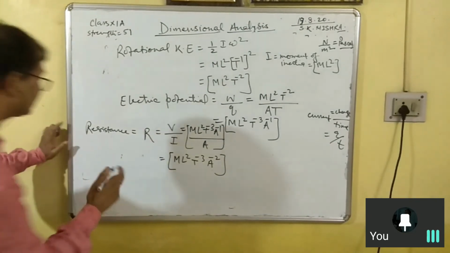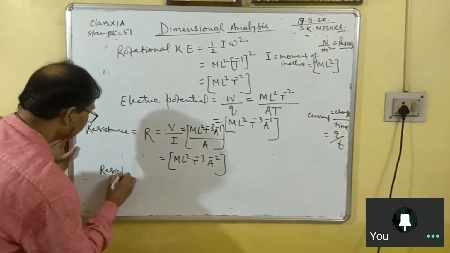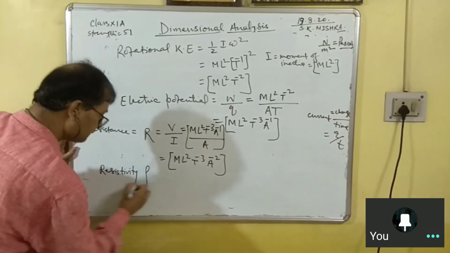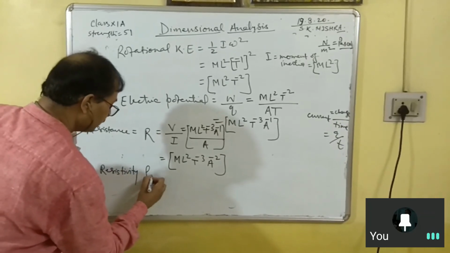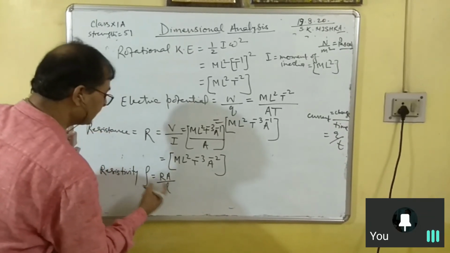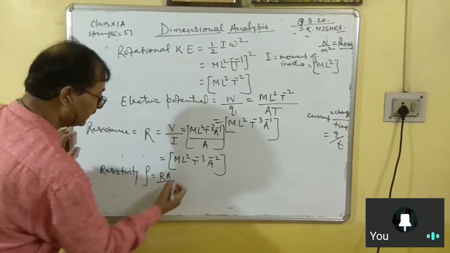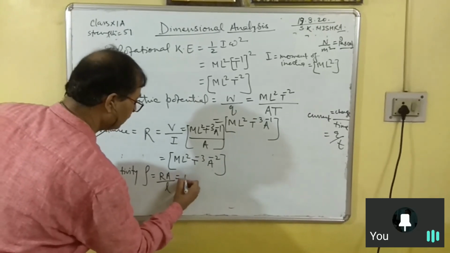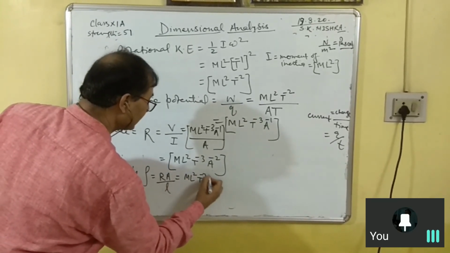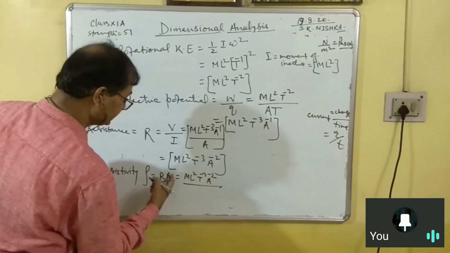You can write the dimension of resistivity. This you have also studied in class 10. So resistivity rho. What is rho? Because R is equal to rho into L by A, rho is equal to R into A by L. Resistance you got just now: ML²T⁻³A⁻² divided by L, then area.